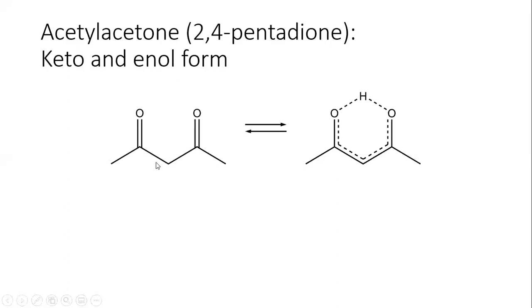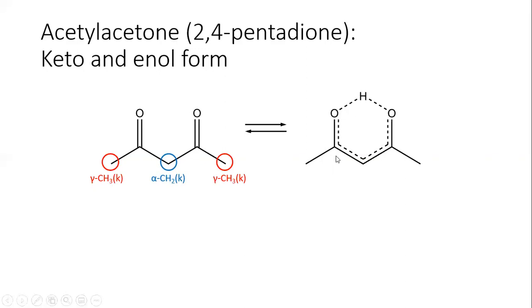In the keto form, we recognize that these two methyls are equivalent, so they are just one group of protons. We will call them the gamma methyls. There is another group of protons sitting here in the alpha carbon, which is in the form of CH2.